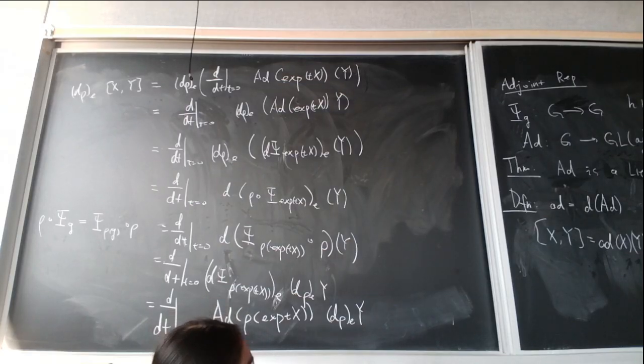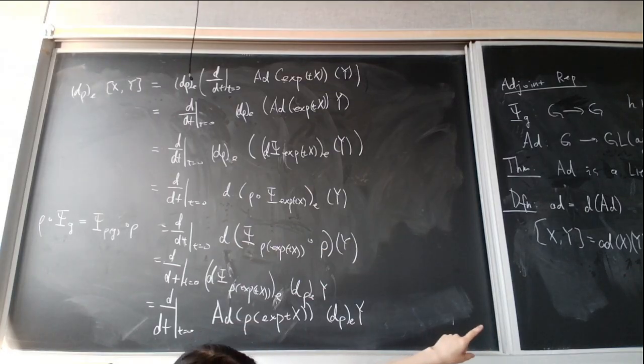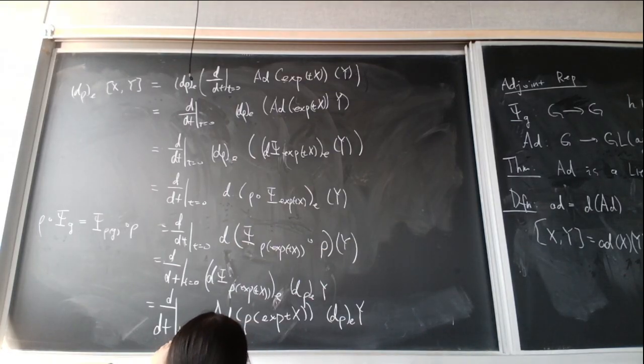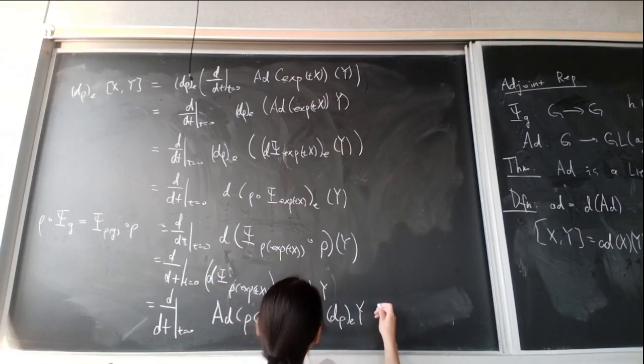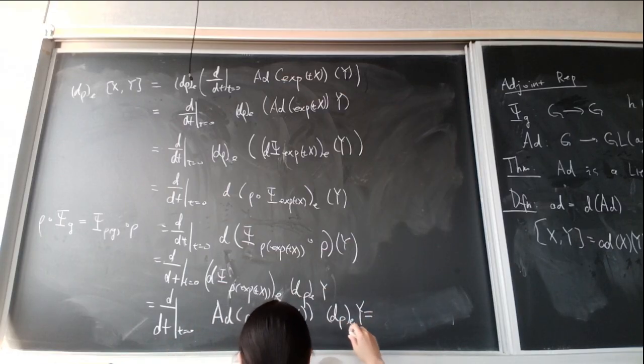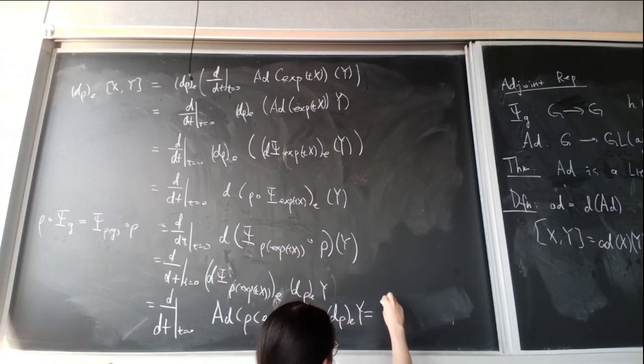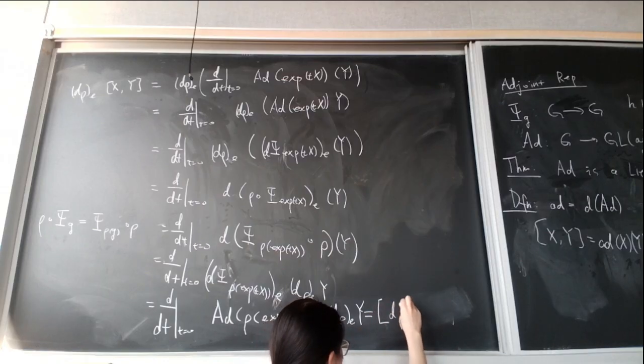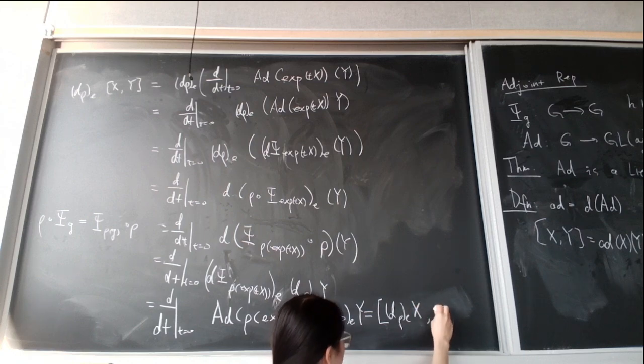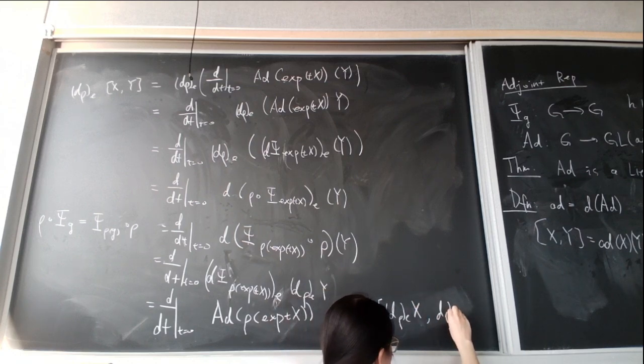And if we look at the definition, you can see that this is just equal to the Lie bracket of d rho at e of x and d rho at e of y.